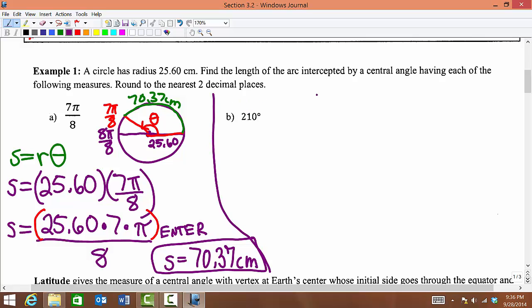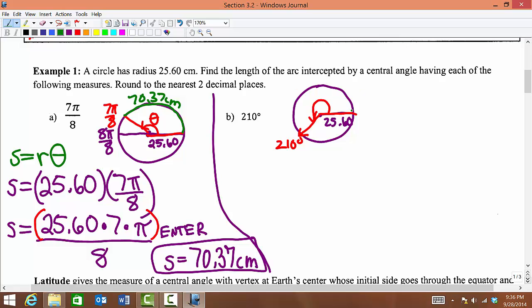Part B, we are told that using the same circle with the same radius, our central angle is measured in degrees: 210 degrees. So let's draw our angle. There we go.